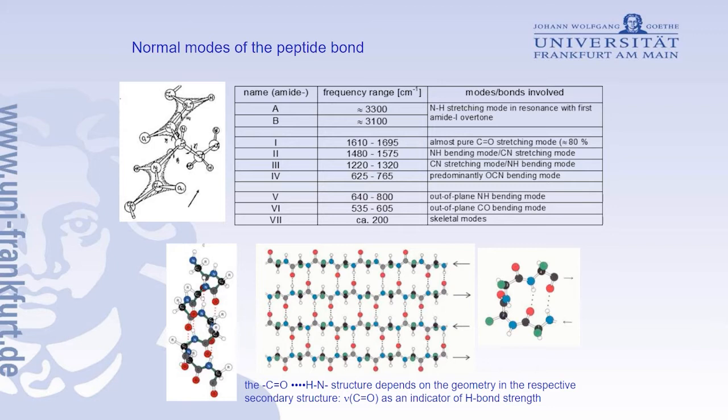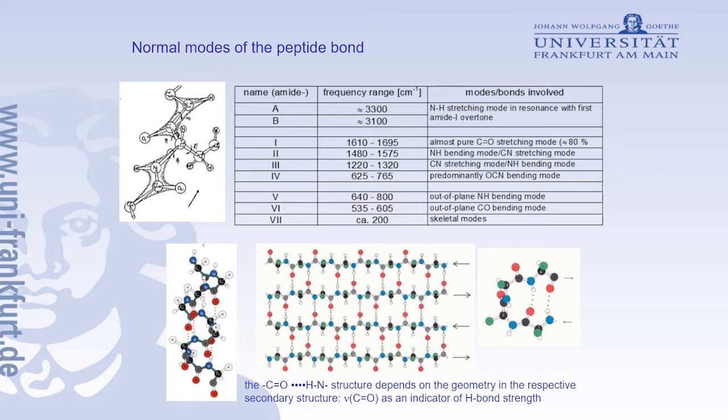Let's come to proteins, and here especially to the peptide bond. The peptide bond has a number of normal modes, normal vibrations that are well characterized. Their naming is typically amide A and amide B, and those are the NH stretching modes.